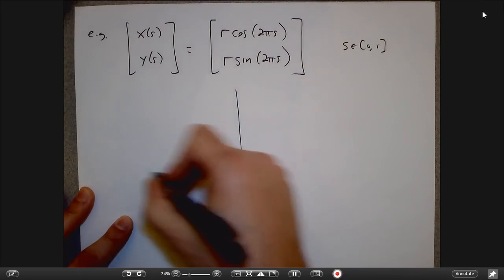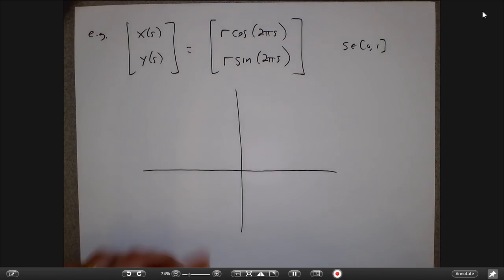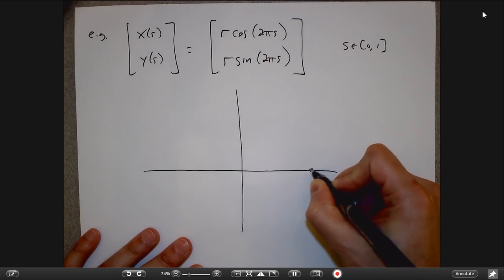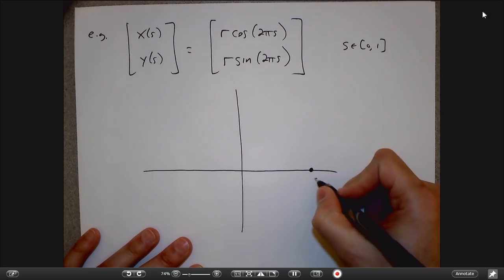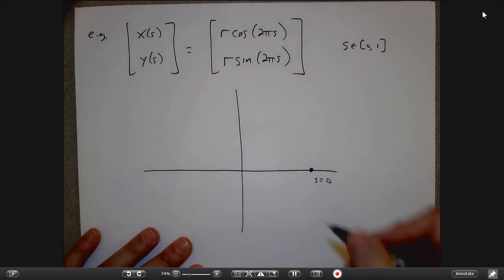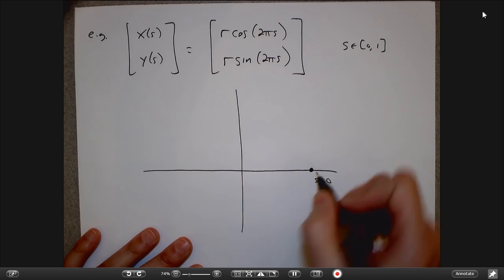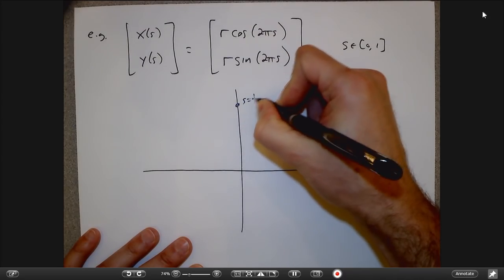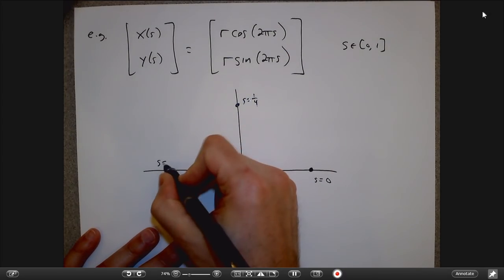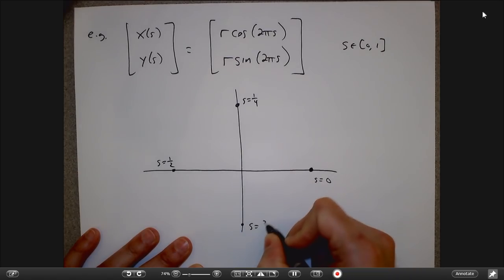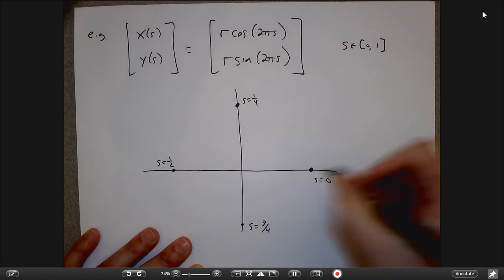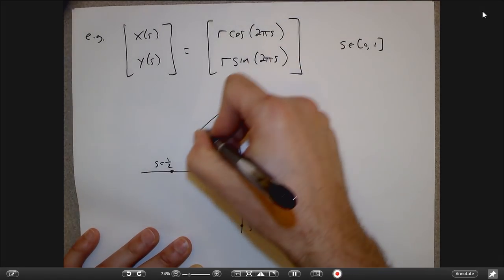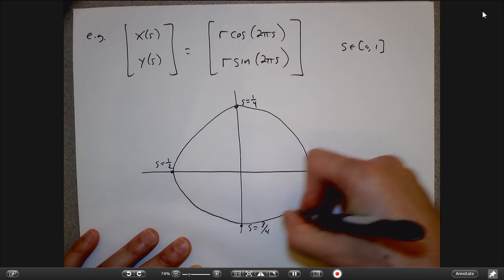If I think about what that traces out, when s equals 0, I'm at r times cosine 0, which is 1, so that's r, and r sine 0 is 0, right? So this is s equals 0. Now as I go around the circle, s equals a quarter says that I'm at pi over 2, right? So this is s equals a quarter, s equals a half, s equals 3/4, and by the time I get back to s equals 1, I'm back over here. And so the curve that I trace out is this nice circle.